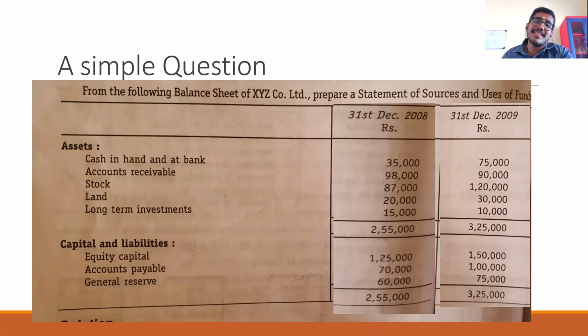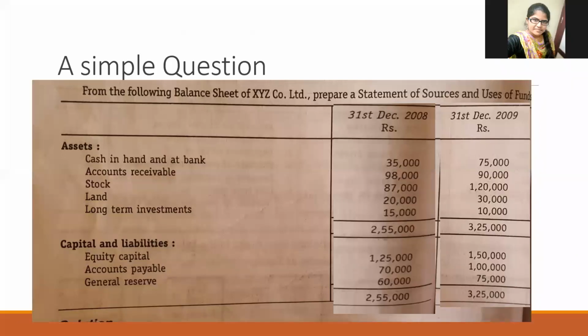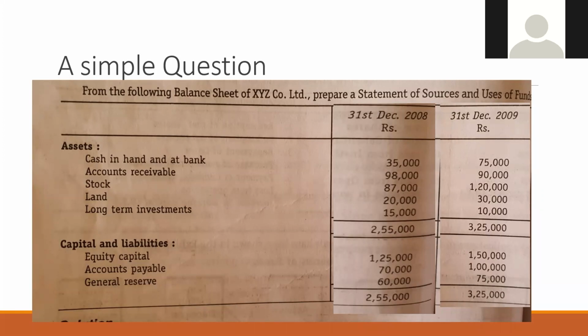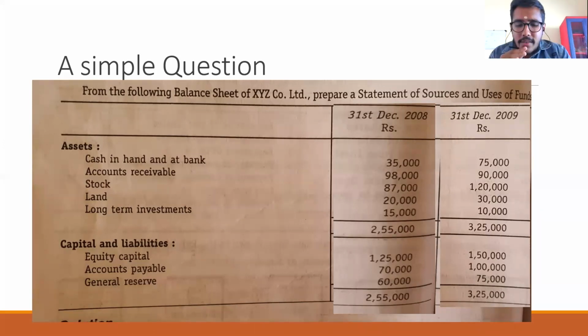What is this? This is a balance sheet which doesn't have any adjustments. We don't have any adjustments in this problem, just to have a basic idea about this problem. From next class, we'll slowly do the other problems which have adjustments. Before that, I'll teach you all the adjustments.